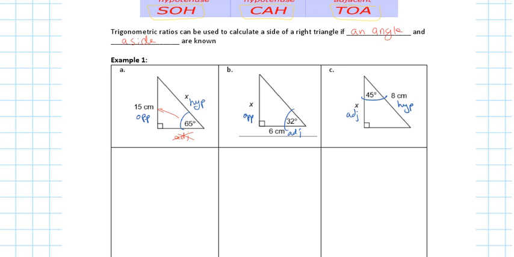So you're going to have to use the sine ratio. OH, so opposite and hypotenuse, that's why I have to use sine. Does that make sense to you?